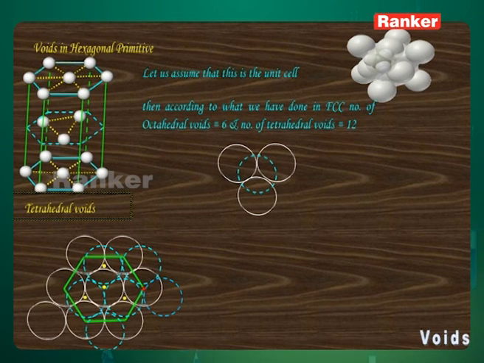So in FCC, octahedral voids are 4 and tetrahedral voids are 8. In HCP, octahedral voids are 6 and tetrahedral voids are 12. Then in the next part, we have to look into size factors, radius ratio rules and ionic crystals.